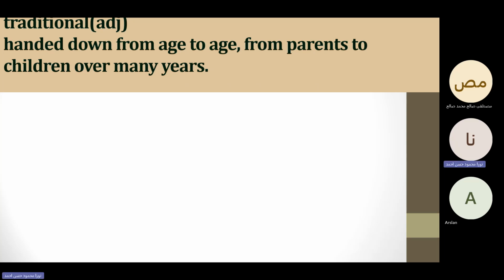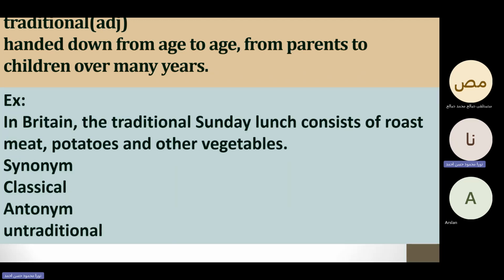It means delivered, passed, handed down from age to age, from parents to children, over many years. تقليدي. Traditional. Okay, so in Britain, the traditional Sunday lunch consists of roast meat, potatoes, and other vegetables.